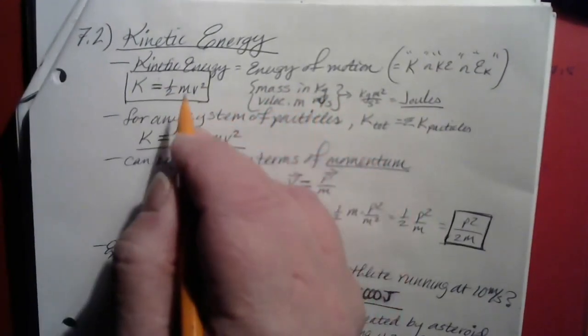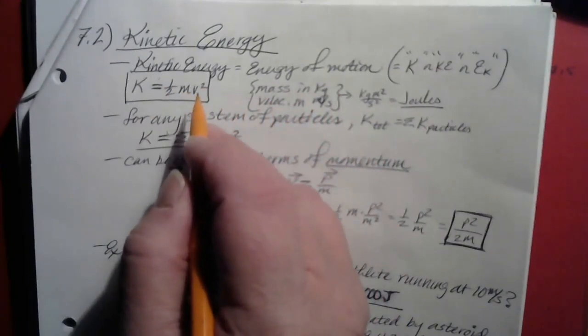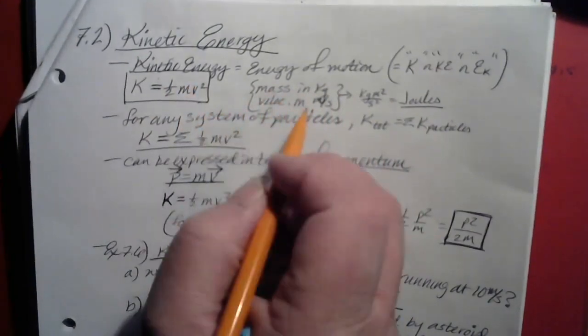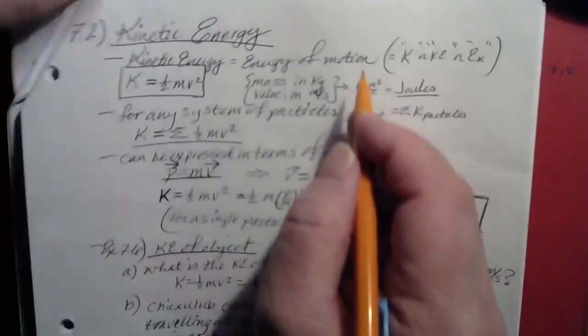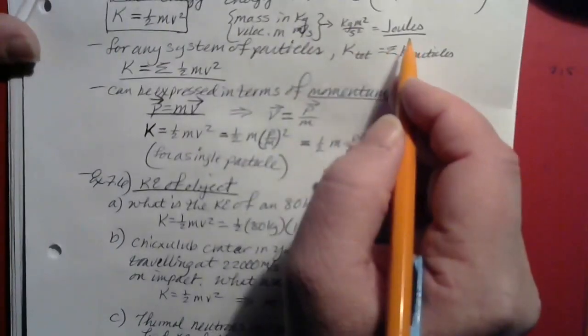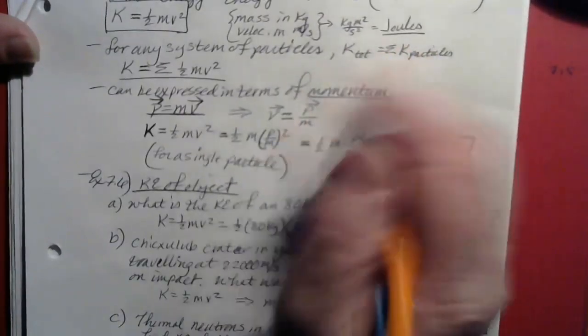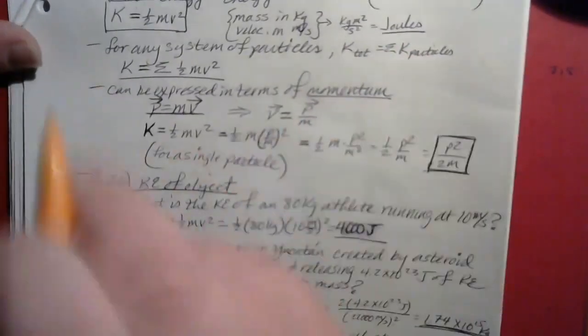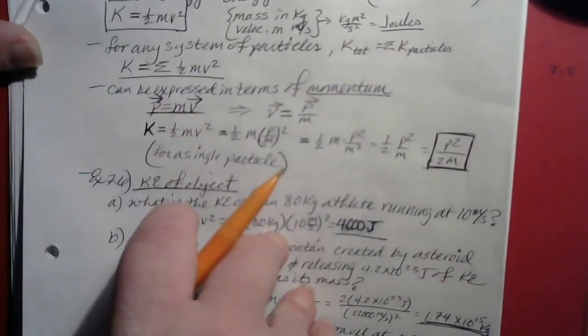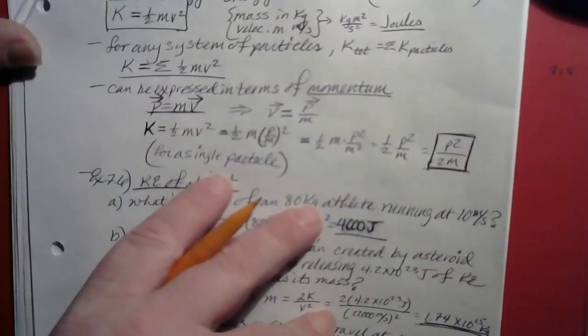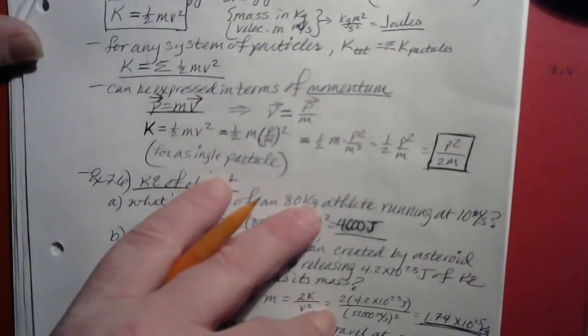So if you take kilograms times meters per second, the quantity squared, you get kilograms meters squared per second squared as the units. And what do you know? That's a joule, the unit of energy or work. So the units work out. These normal units for kinetic energy would be joules, as for any other kind of energy.